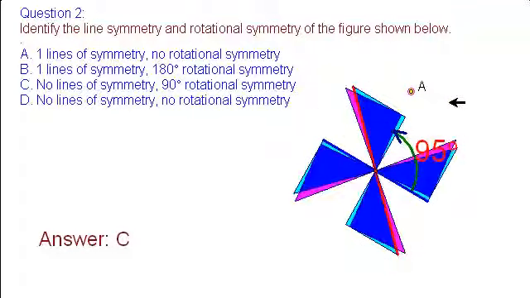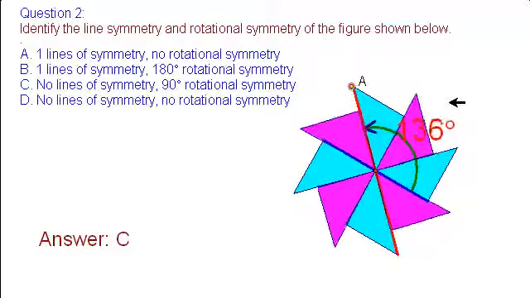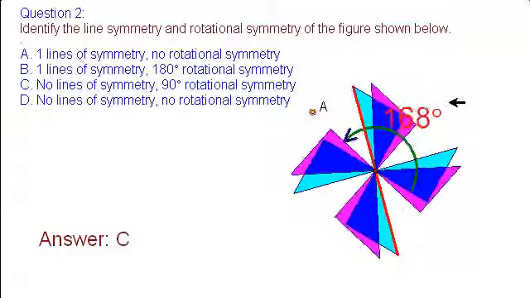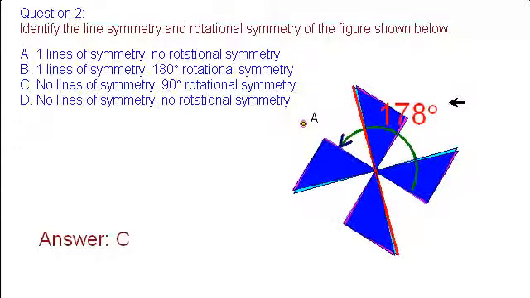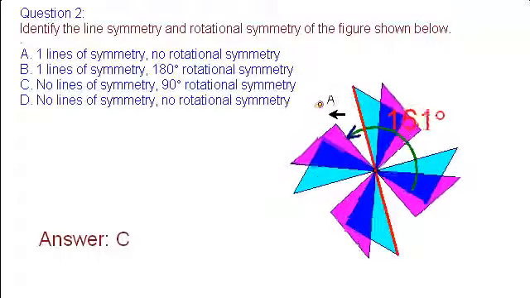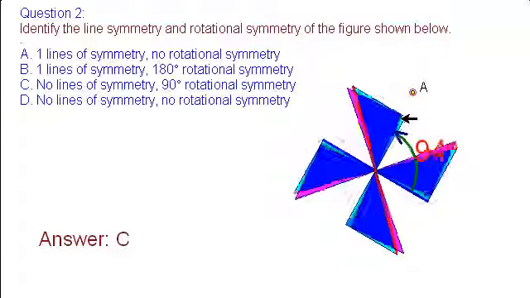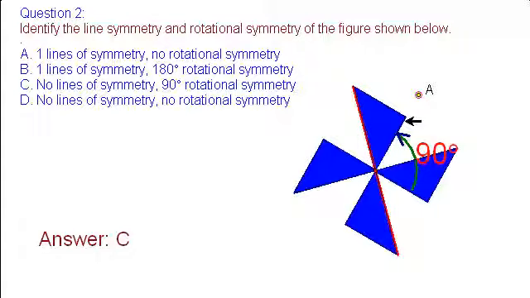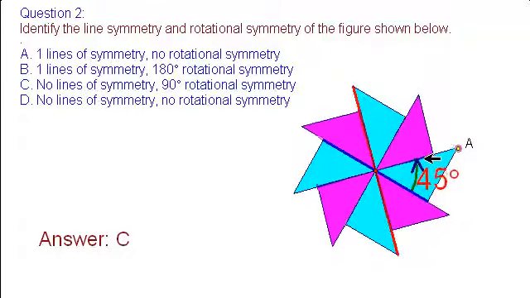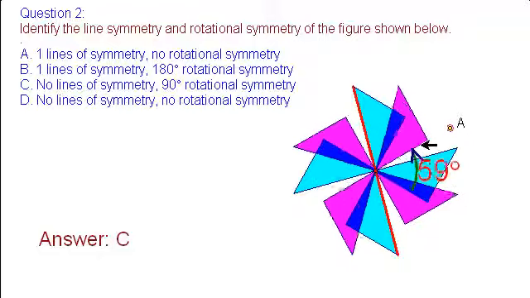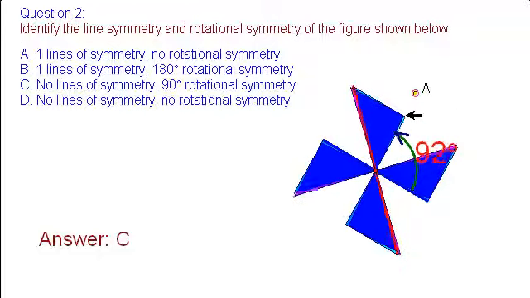If I keep moving this, again I will have another rotational symmetry. When it reaches 180 degrees, there is a rotational symmetry at 180, and also I have rotational symmetry at 90. So in this figure, I can find two rotational symmetries.